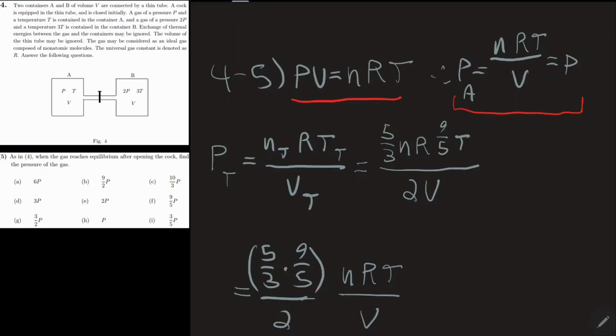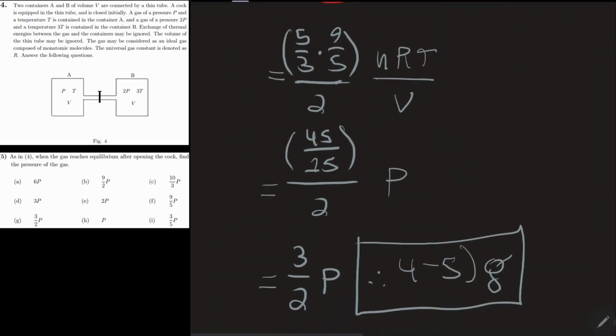So now what we're going to do is take the same equation, but use the combined number of moles of gas, the equilibrium temperature, and the combined volume. So we have 5/3 times n, and then we also have 9/5 times T, and we have twice the volume.